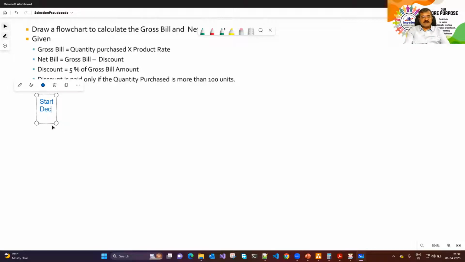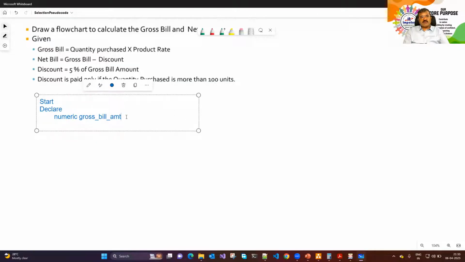So I say declare. All the variables that we want to declare, I'm going to indent slightly from the margin. First variable I want is the gross bill amount. I say numeric gross bill amount. So I've created the first variable.